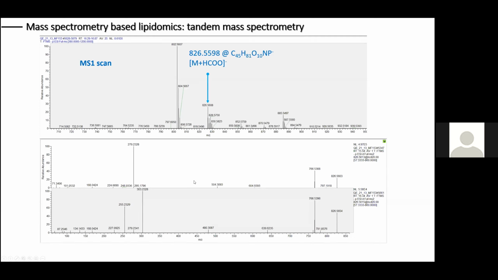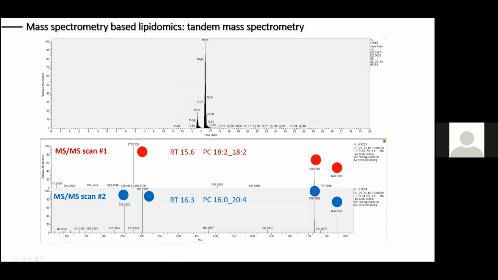Here I show you an example of 2 fragment spectra, each of them obtained from a precursor with exactly the same mass to charge ratio. You can see that we have some set of fragments which are exactly the same between scan 1 and scan 2, but we also have fragments which are quite different. I am not going into the identification now, you will see that later as well.